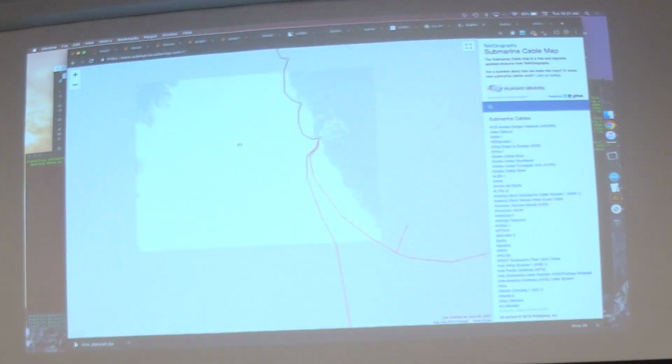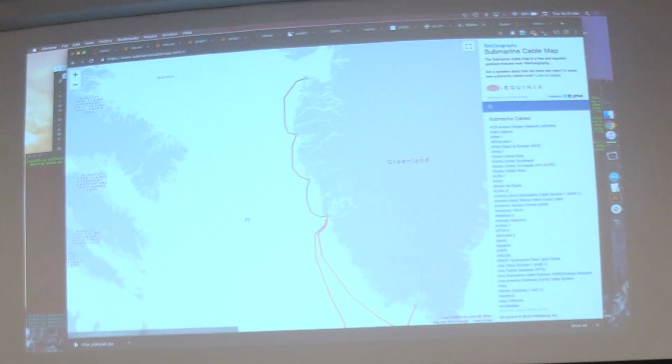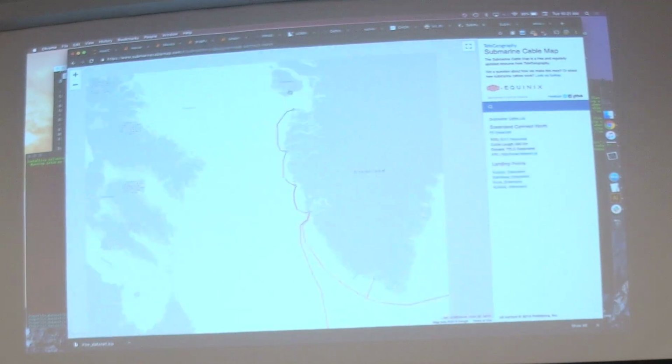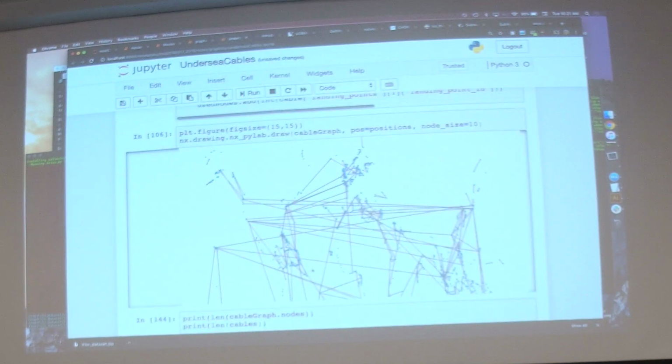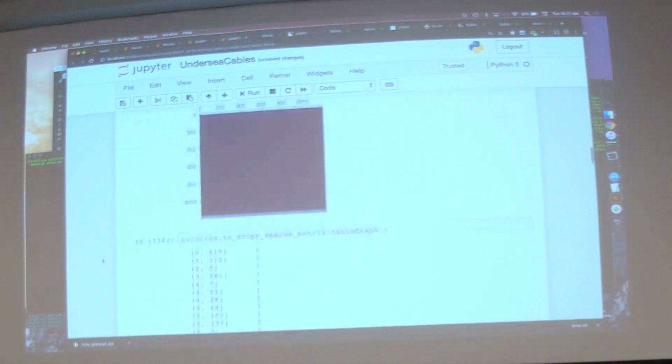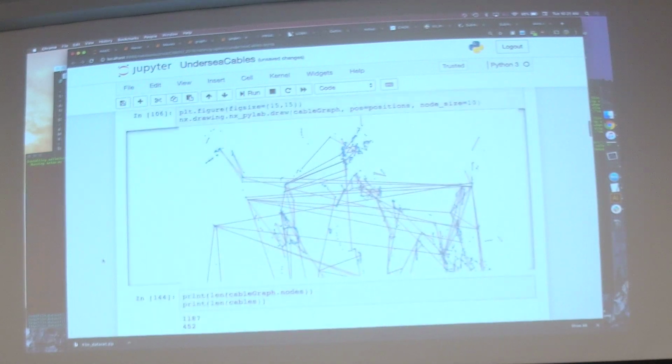Yeah, so I had assumed that my data set was 2 endpoints, but actually a single cable can have more than 2 landing points, and so this particular cable is a 3-segment cable, and so a whole bunch of these connections are actually missing, and that's part of the issue there. But alas, I went forward with my visualization.